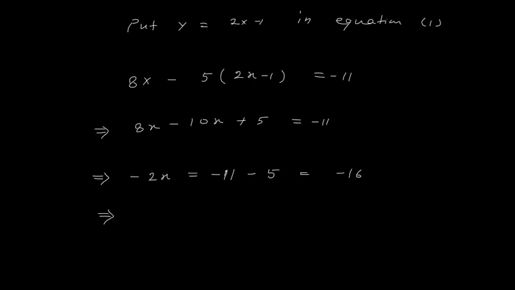So this implies the value of x is minus 16 upon minus 2. So this minus and minus will cancel, and I will get 8. So the value of x is 8.